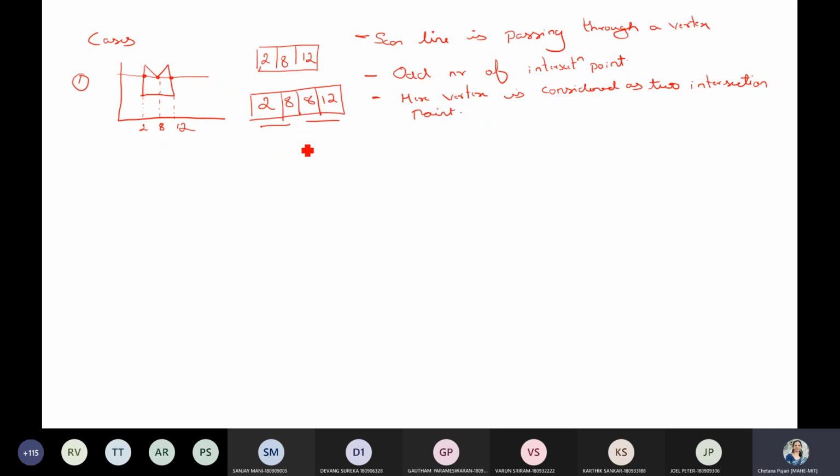These 2 points and these 2 points you are considering. Fine. So next, second case.